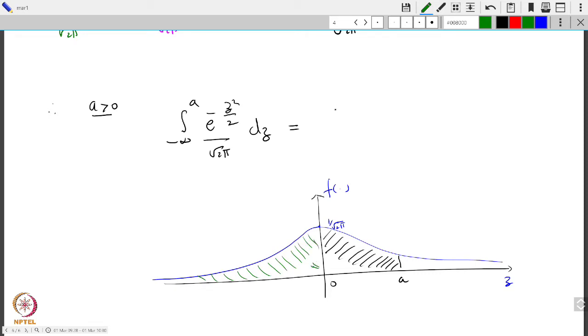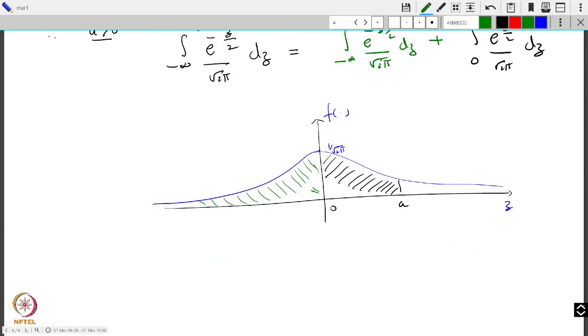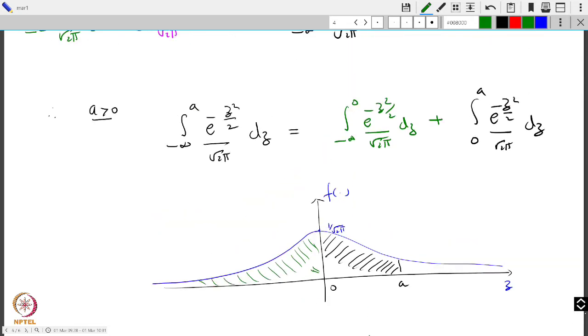So that's going to be equal to the integral from minus infinity to 0 of e to the minus z squared by 2 over root 2 pi dz plus the integral from 0 to a of e to the minus z squared by 2 over root 2 pi dz. And this part I know is half, right? Therefore, it is equal to 1/2 plus this part.